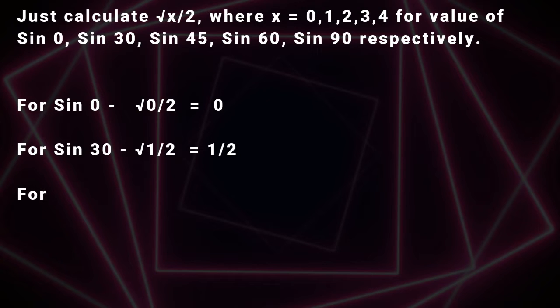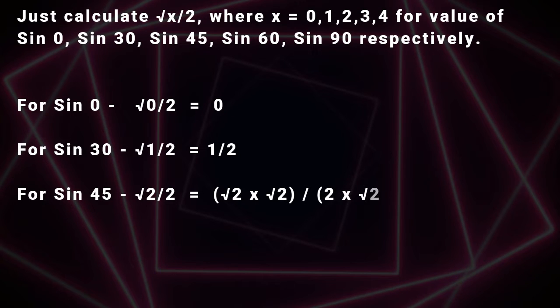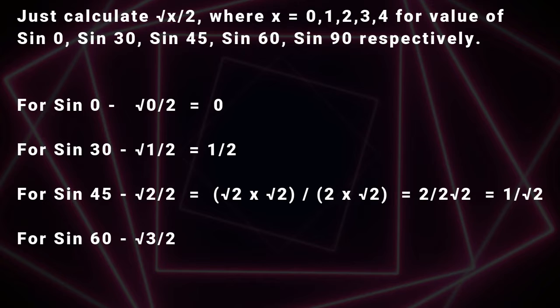And now if we multiply root 2 in numerator and denominator, we get 2 upon 2 root 2. 2 gets cancelled with 2 and we get 1 by root 2. For sin 60 degree, we have to write root 3 upon 2, which is going to be root 3 by 2 only. And for sin 90, we write root 4 by 2, which will be 2 by 2, and it gets cancelled and we get the value of sin 90 as 1.